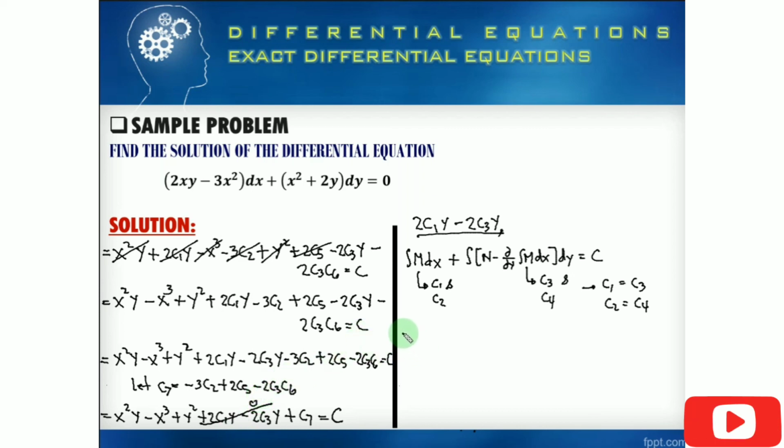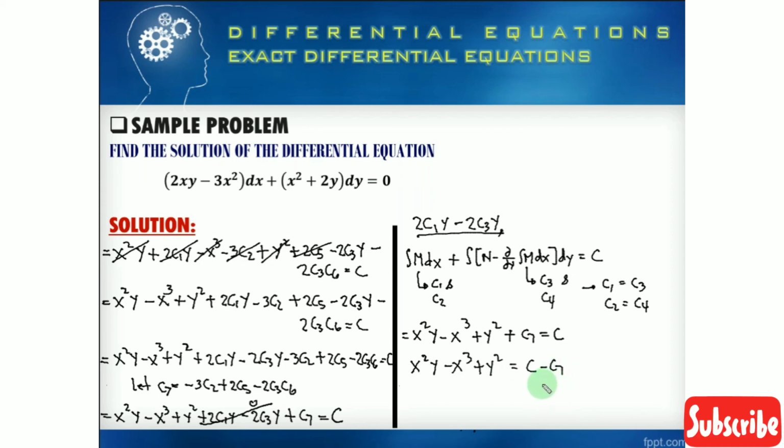And our equation will then be equal to x squared y minus x cubed plus your y squared plus c7 is equal now to c, okay. And this will then be equal to x squared y minus x cubed plus y squared equal now to c minus c7, okay.